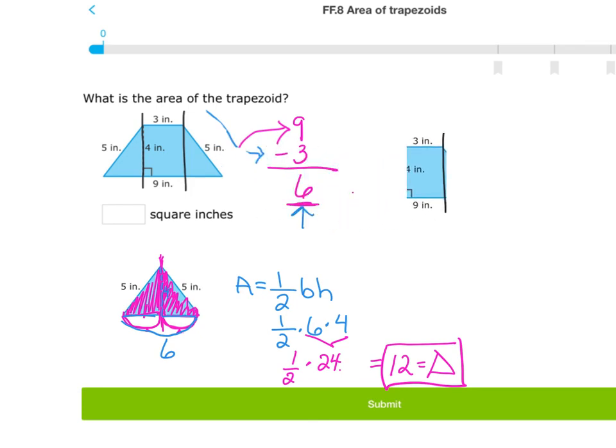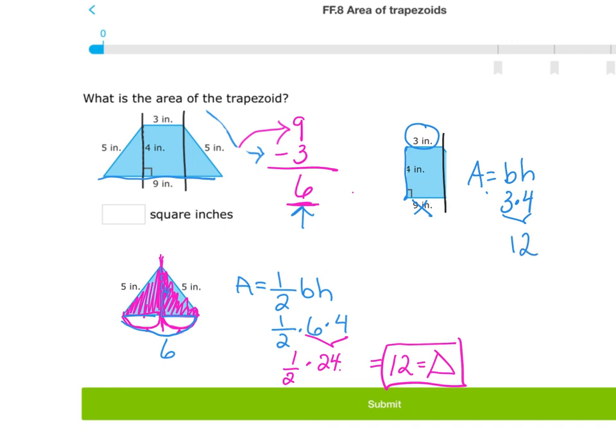And I see that its dimensions, its base and height, I'm going to need to find its area. So its base is not 9. That was all the way across. The base of this rectangle is 3. And then its height is this perpendicular line to the base here, or 4.